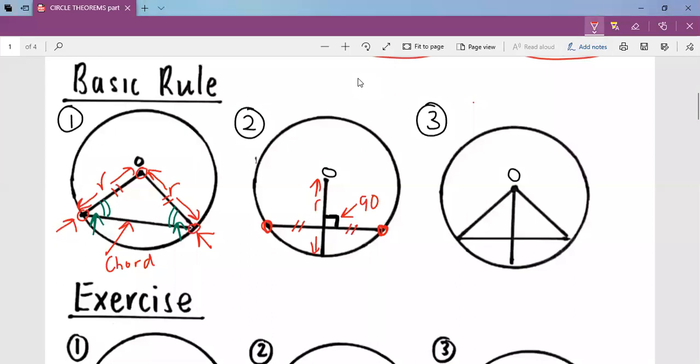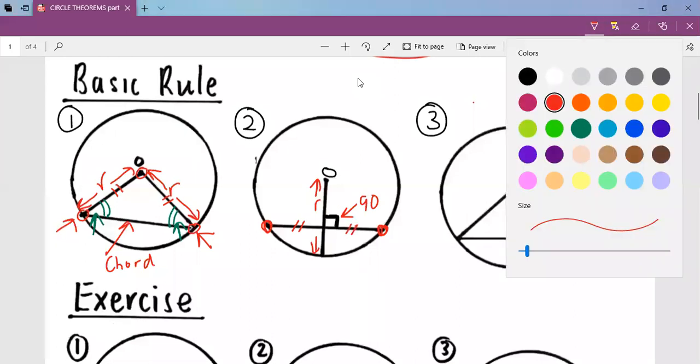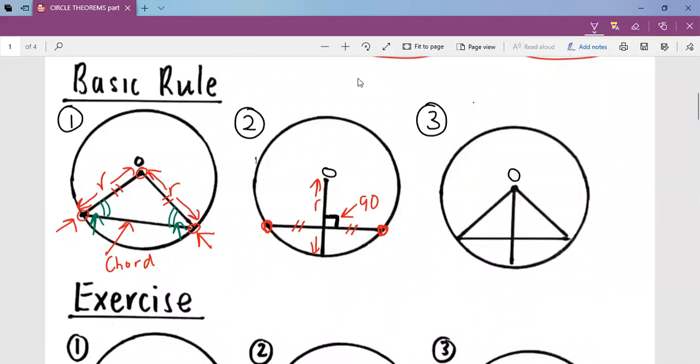So whenever a radius and a chord meet at 90 degrees, the chord will be cut properly into 2 equal parts. Remember, it must be 90 degrees meeting for them to be cutting the chord into 2 equal parts.